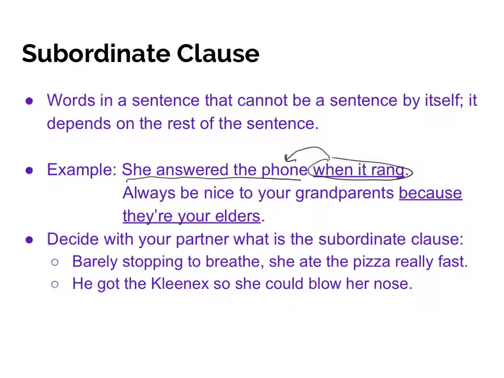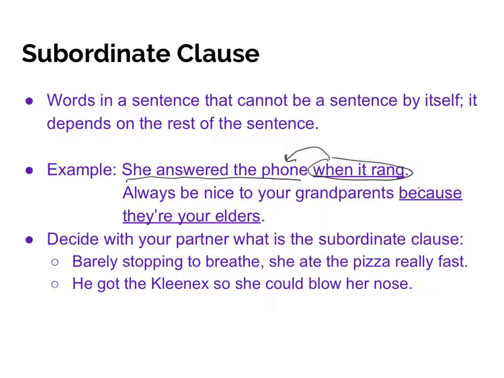Here's another example. Always be nice to your grandparents because they're your elders. If I just had always be nice to your grandparents, that's a complete thought. It is a full sentence. If I just had because they're your elders, that's not a full sentence.